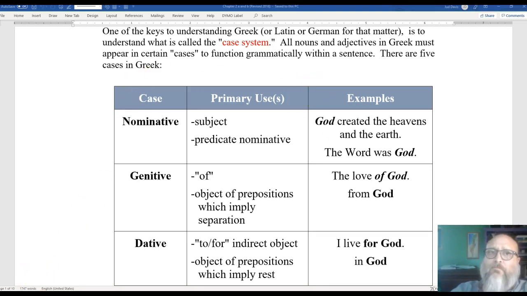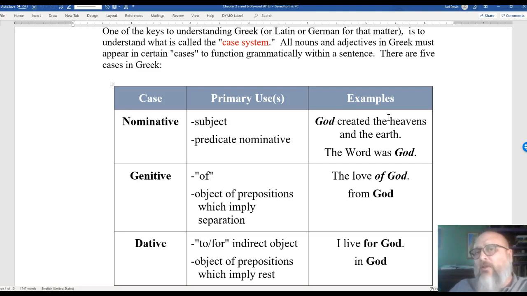So you put a word first in the sentence and it becomes the subject. So God created the heavens and the earth. You put God first, and if you put the heavens first, the heavens created God, well, then heavens would become the subject of the sentence. So in English, word order is what determines usually grammatical function.